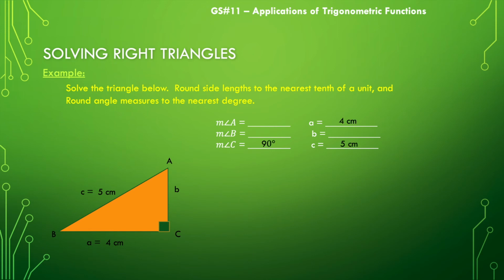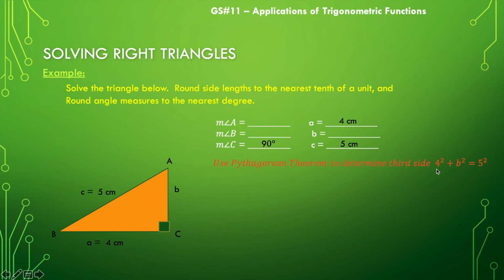So filling in everything we know, one angle measure just because it's a right triangle, and then we know two of the side lengths. It makes sense to start where I have more information, and I have two side lengths, which means I'm going to solve for the third one by using the Pythagorean theorem. If I set that up, I know that C is my hypotenuse, which means it must be in that C spot, C squared.